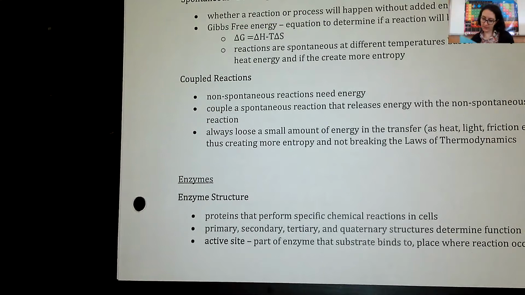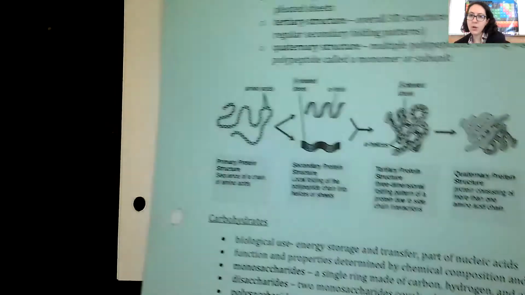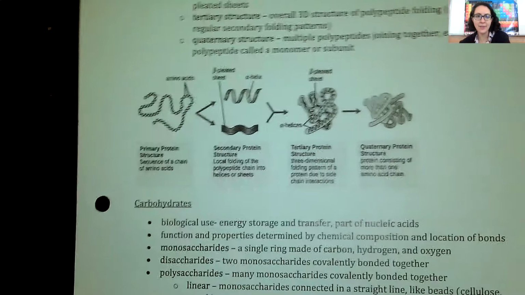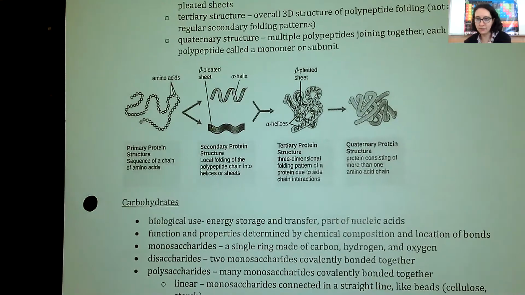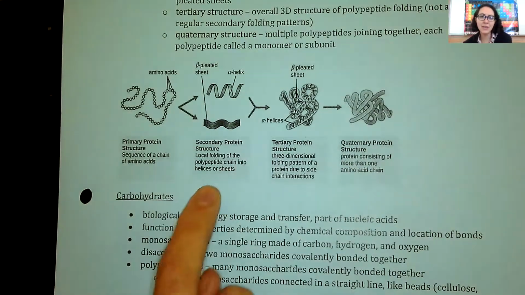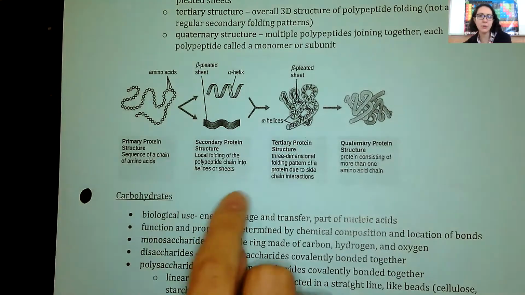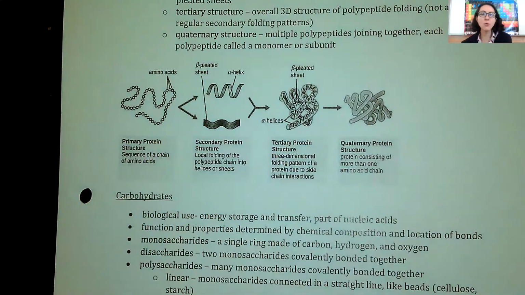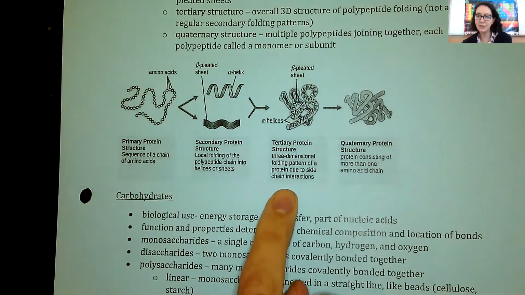Okay, so proteins have four different structures. They've got the primary structure, which is just your string of amino acids. And then they have the secondary structure, which is kind of motifs that will show up in the overall three-dimensional structure. The overall three-dimensional structure is tertiary, like 3D, tertiary, kind of same thing.